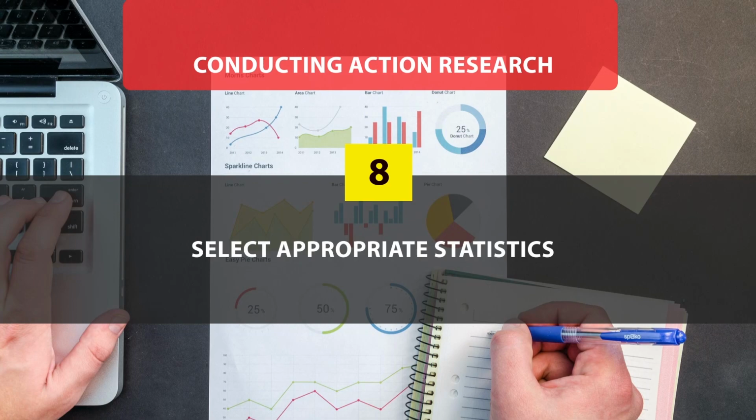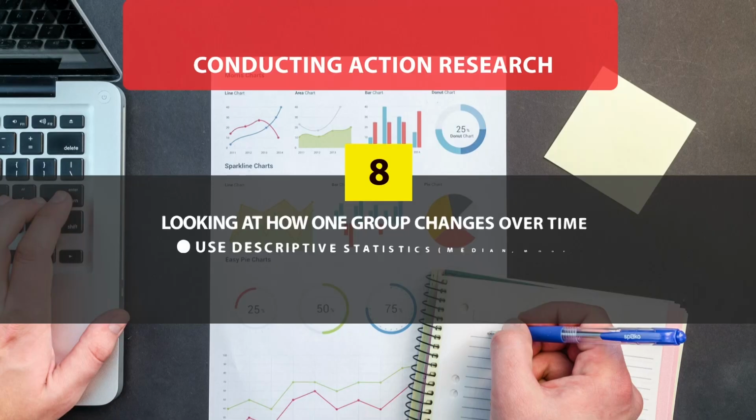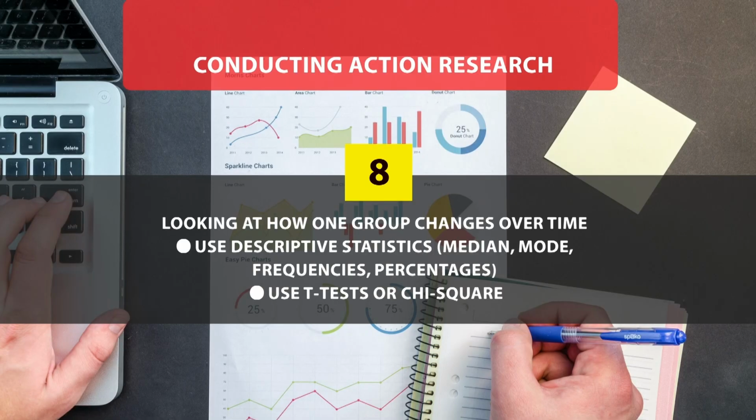When you select the sample, you also select what will be the appropriate statistics to analyze your data. When you design your tool, you already know what kind of data you will get. Are you going to compare two groups, or is it just descriptive? If you require only descriptive statistics, you can use median, mode, frequency, percentage, etc. If you are going to compare two or more groups, you can use t-test, chi-square, ANOVA and so on.